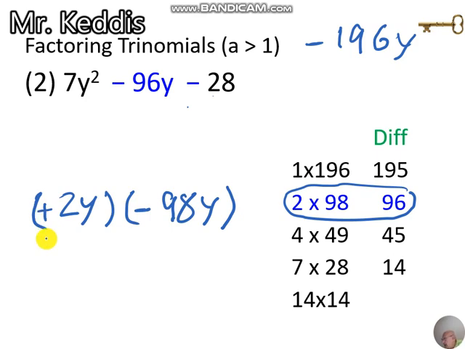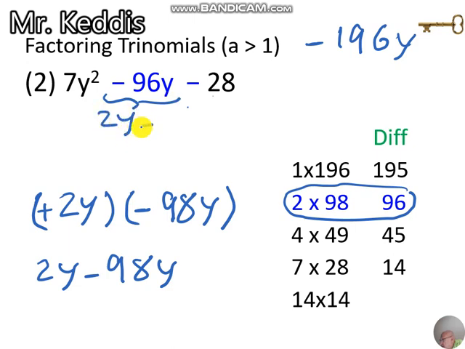When I combine them, I get negative: 2y and negative 98y, combined, give negative 96y. I'm going to replace the negative 96y here by 2y and negative 98y.